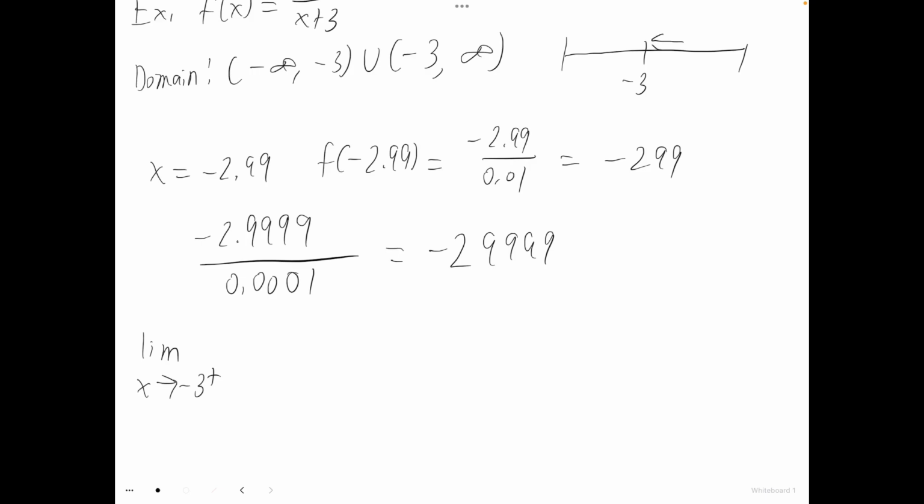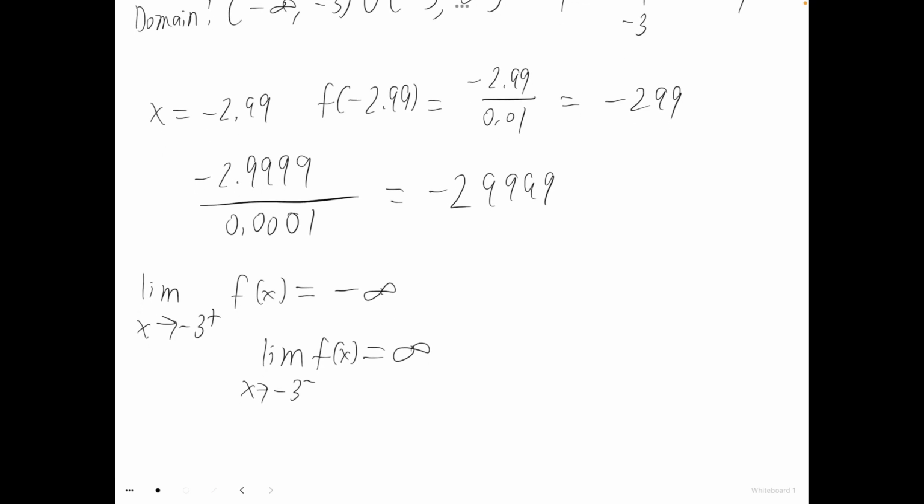So we have the limit as x approaches negative 3 from the right of f of x going towards negative infinity. You can check that if you approach from the left, you're going towards positive infinity. So this still has a vertical asymptote, the line x equals negative 3.